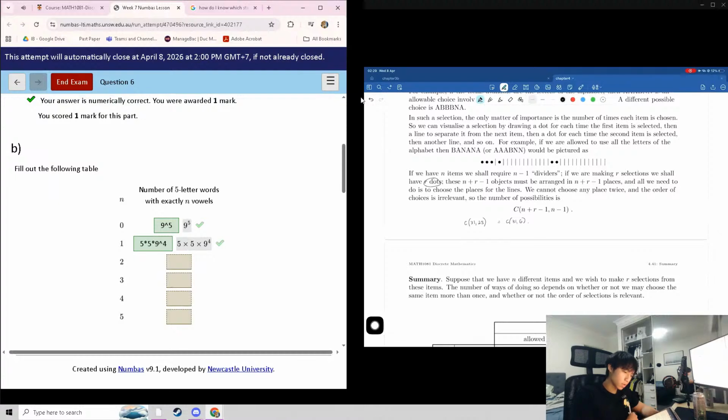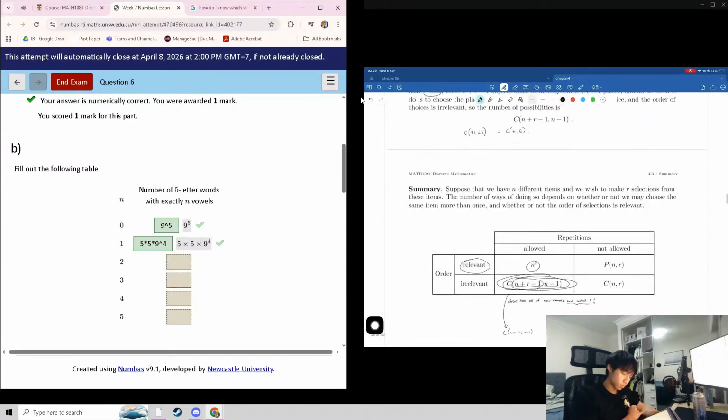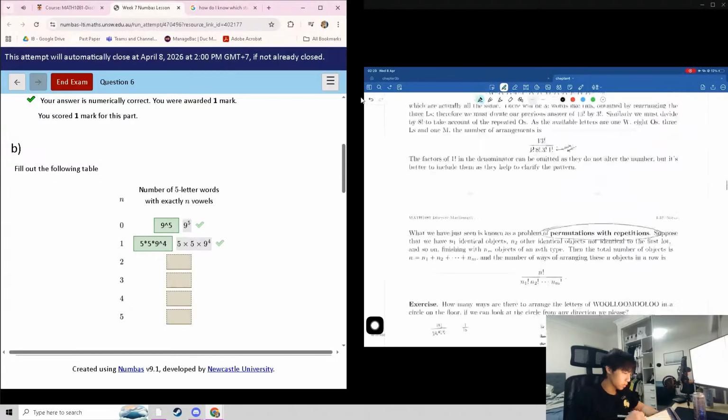Oh, so I could have R dots. Is that where the formula comes in?